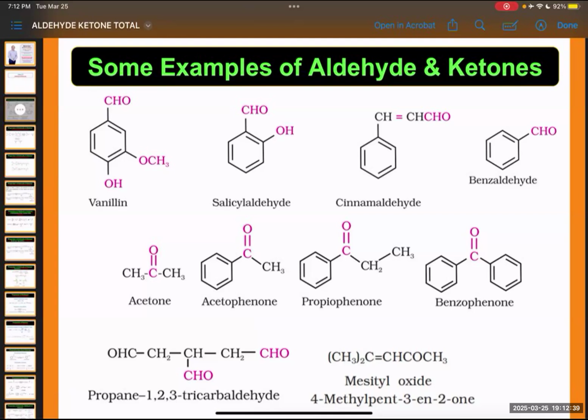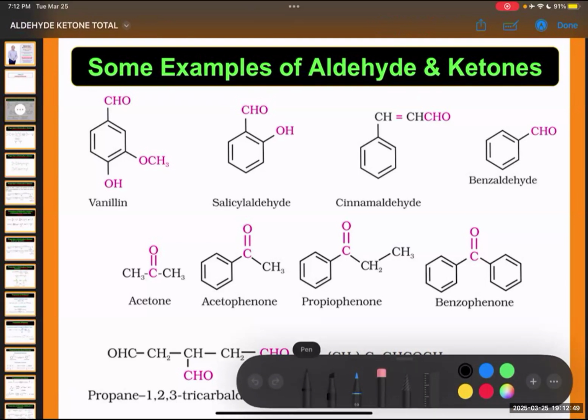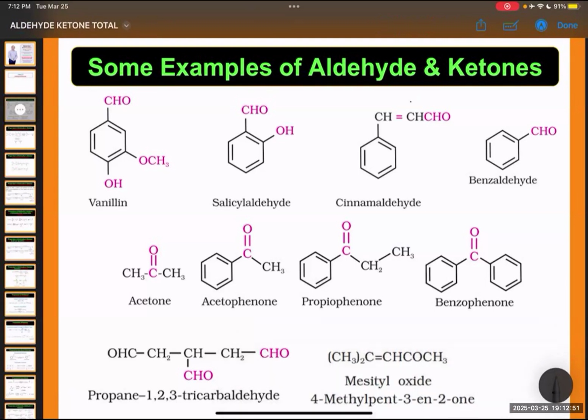The IUPAC name of cinnamaldehyde is... Got it.